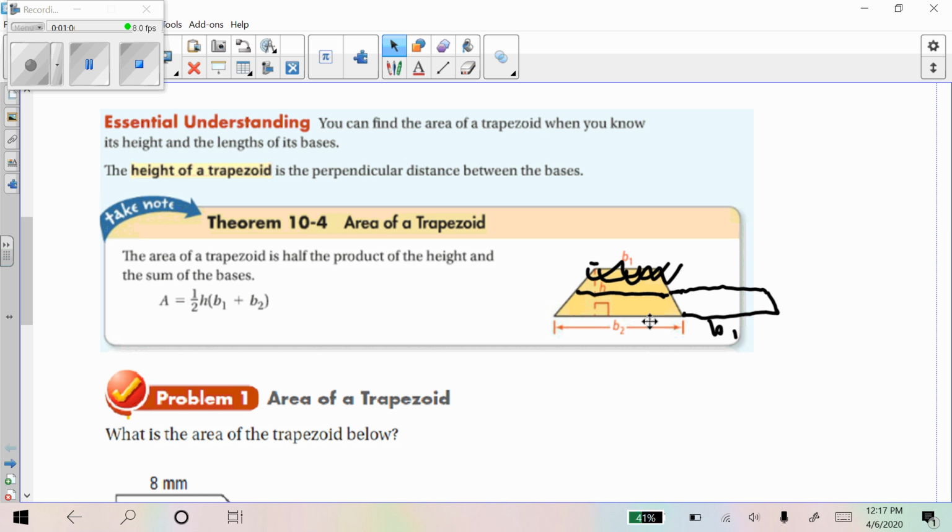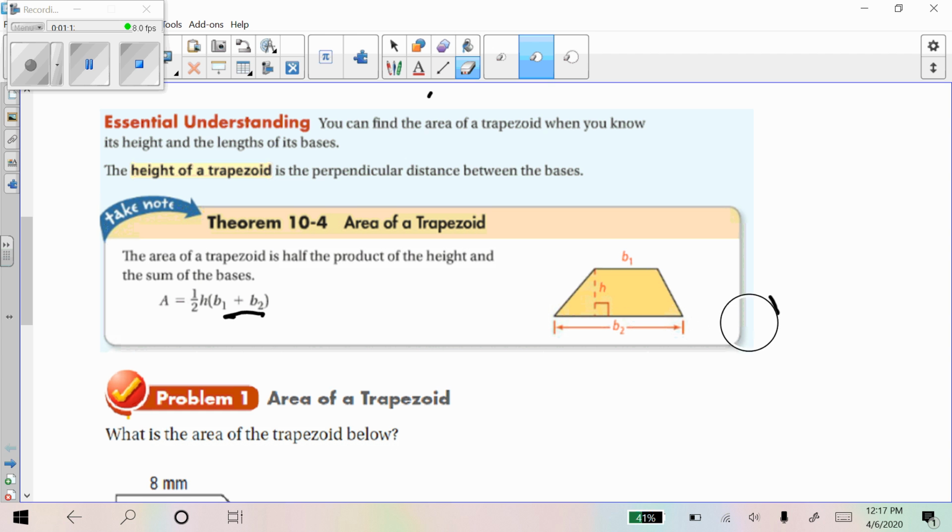The top and bottom, we're going to call both those bases. So that's your base 1 plus base 2 there. And then it's obviously half the original height. So that's the first formula we're going to use.